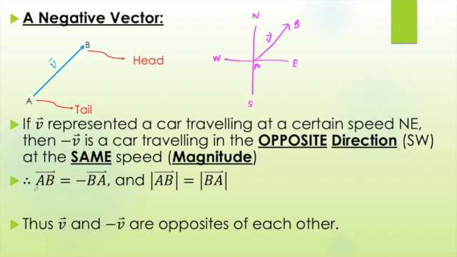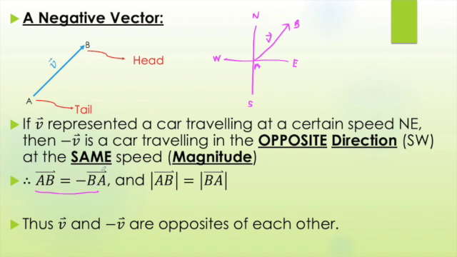So your notation here would be AB is equal to negative BA, okay? Notice the arrows are the same way, okay? We have just put a negative out front and we have flipped the direction that it's going, right? It would be going the opposite way. Okay, but remember, because our magnitude or our speed is the same, the absolute value, that's what those straight lines are, they have to be equal. Okay, but our direction is opposite.